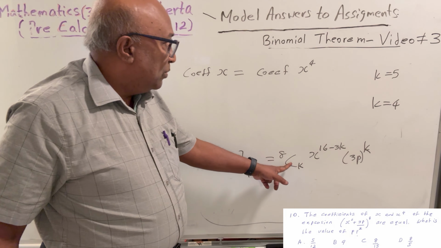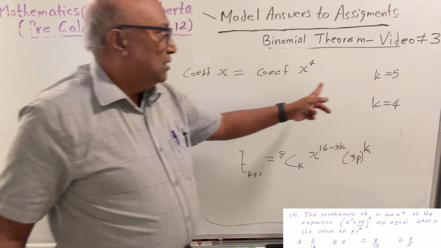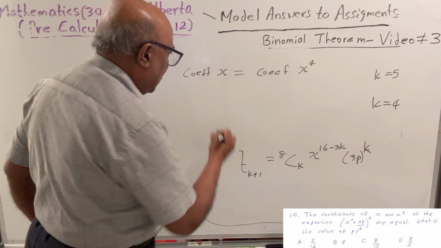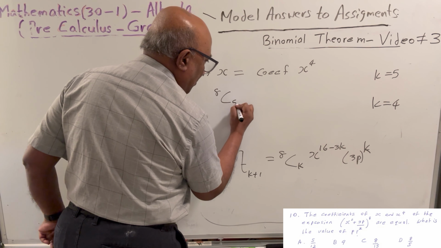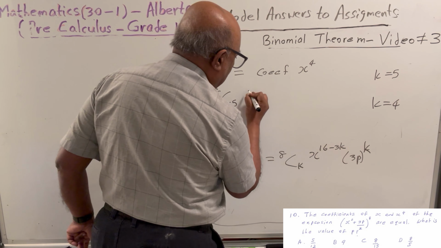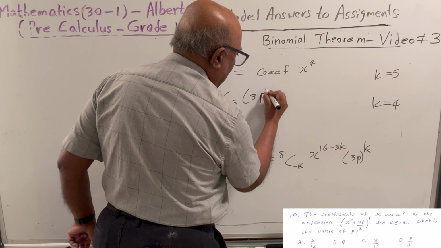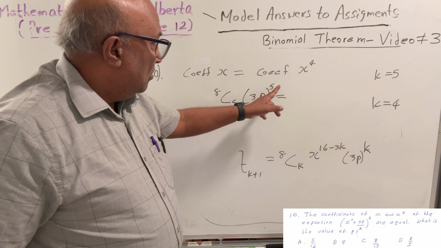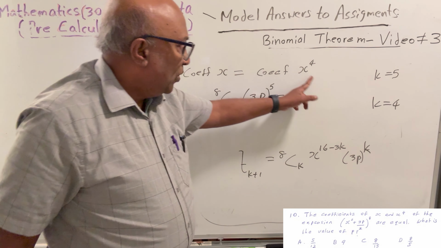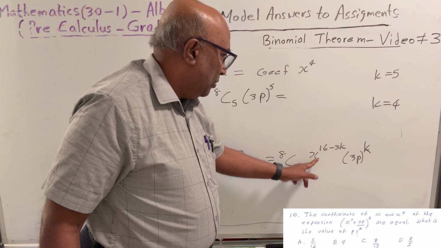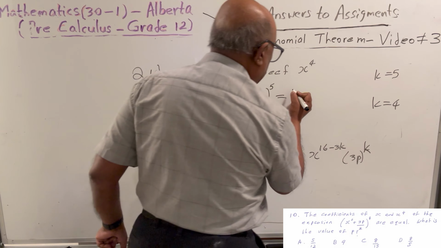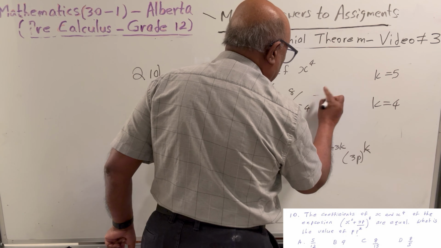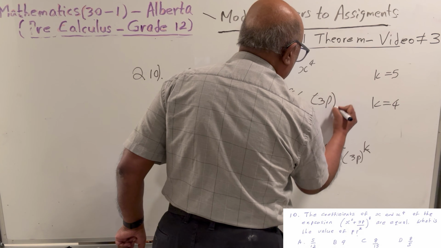When this represents the coefficient of x, the k value is 5, so 8C5 (3p) to the power 5 is equal to, when this represents x to the power 4, k equals 4, so we input 4 here: 8C4 (3p) to the power 4.